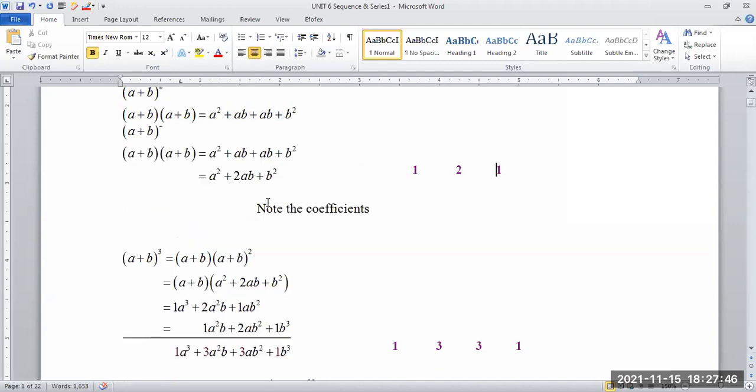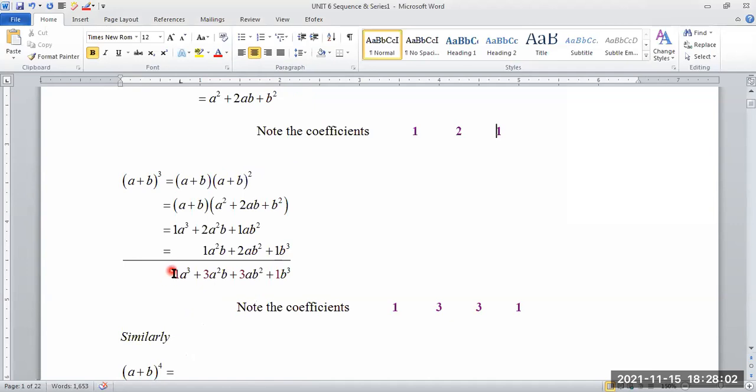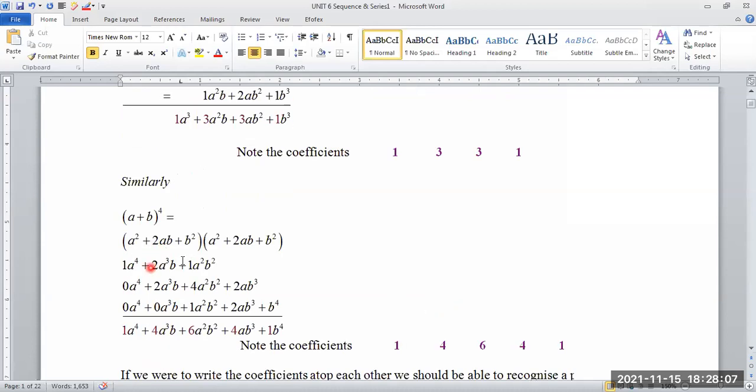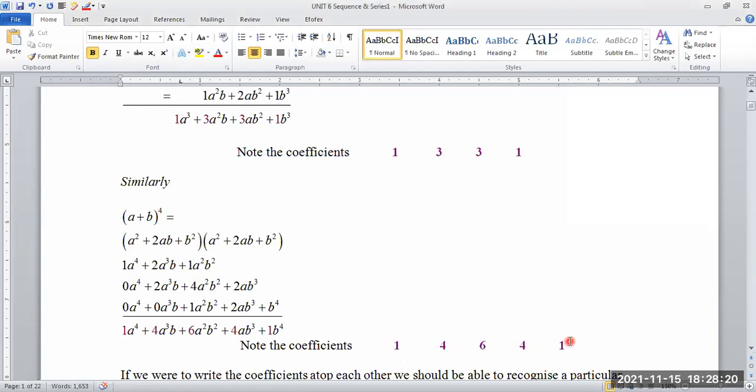I want you to note the coefficients. There is an imaginary 1 in front, so it's going to be 1, 2, 1, 1, 2, 1. When you do the expansion, you look at the coefficients 1, 3, 3, 1, 1, 3, 3, 1. This is not on your syllabus. As I said before, they won't give you anything greater than 3, but I'm doing the fourth one to show you it's going to be 14641. These things are called coefficients and they are important.